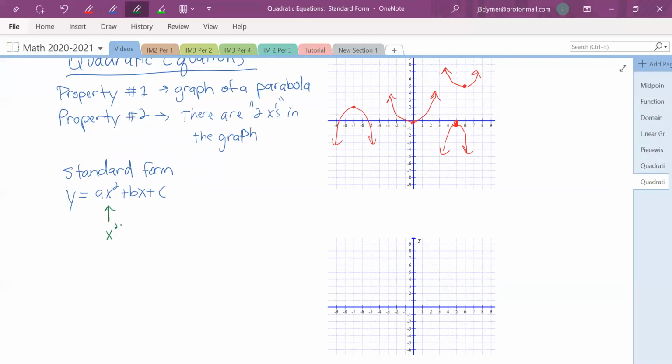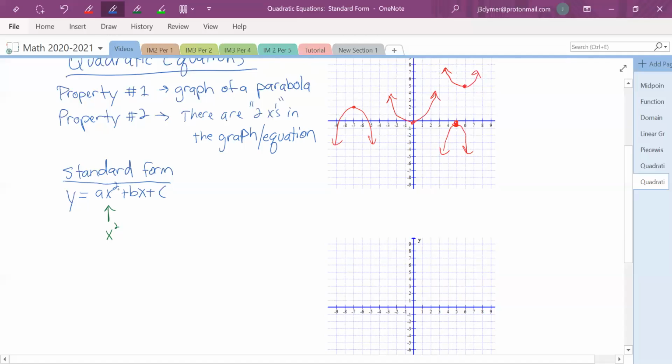Even though in that form you didn't see the x squared, if you multiplied it out, you would have seen the x squared. So there are 2 x's in the graph, and I more meant the equation. The equation and graph are kind of synonymous. There are 2 x's, not necessarily 2 zeros, but 2 x's. You can see that we have an x squared, so we say that this has a degree of 2 because the highest power is 2.